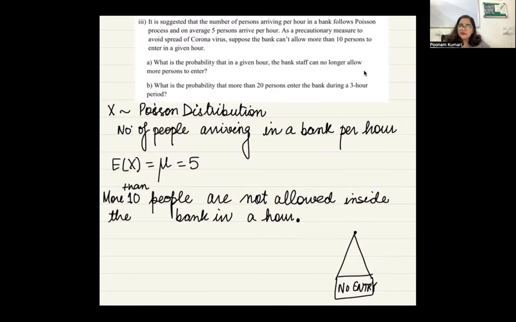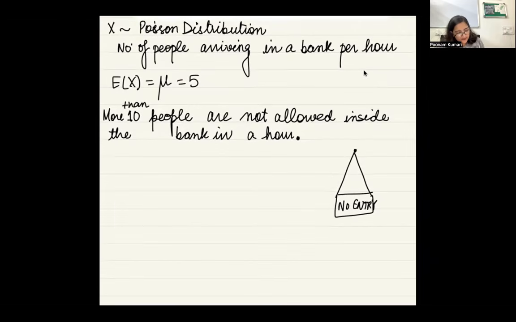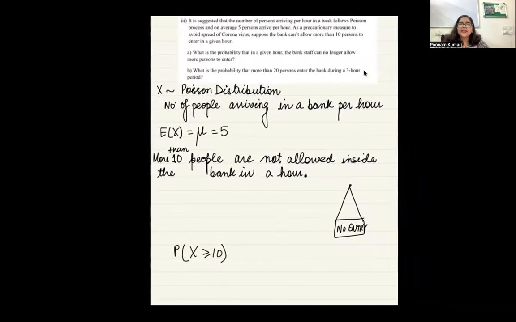So if the number of people inside the bank is greater than or equal to 10, then we can't allow more people to enter, right? Yes, ma'am. So what am I looking for? The probability that my random variable takes either a value of 10 or greater than 10. Only then the bank will say you are not allowed.